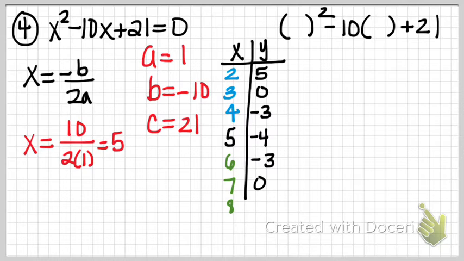Okay. Now, this is why you need graph paper. If you don't have it, use what you got. But you're going to plot these points. Put a point at 2, 5. Put a point at 3, 0. Put a point at 4, -3. Put a point at 5, -4.